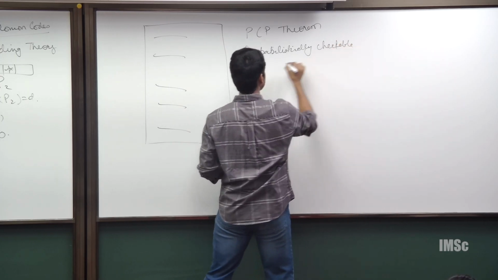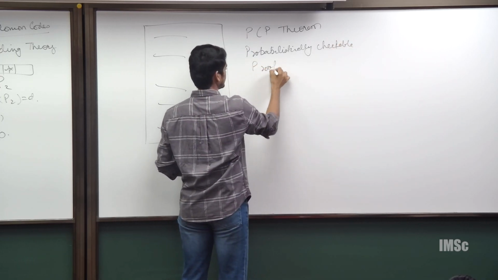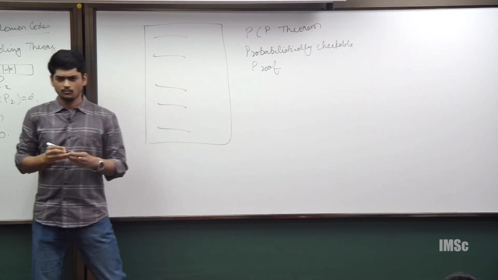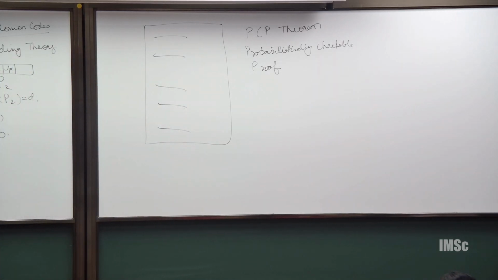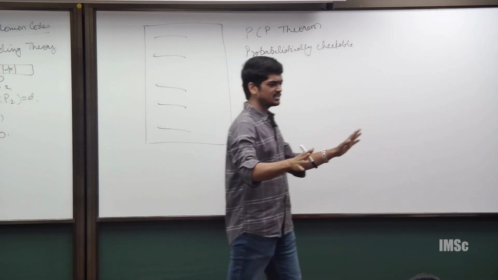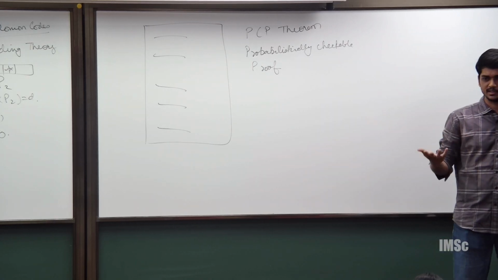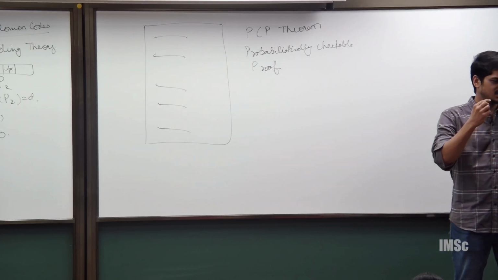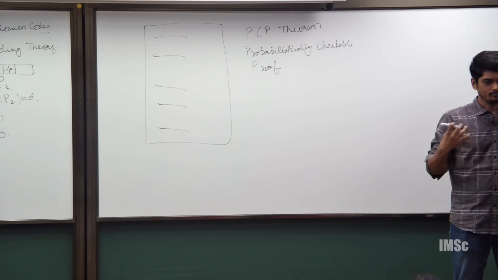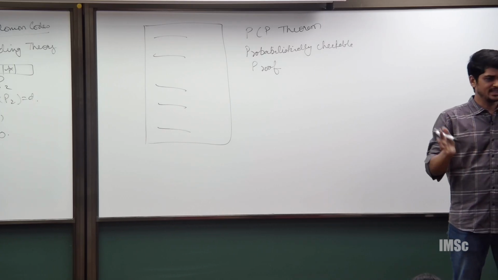But what it essentially is saying is that if a teacher wants to just be convinced, not necessarily that the answer is definitely correct, but just that there is a high chance that the answer is correct. Maybe the answer is a little bit wrong because I have not looked at the whole part of it, but just a small part I looked at and I realized that probably it's correct.